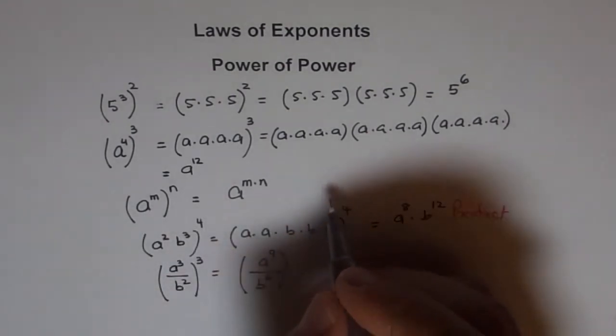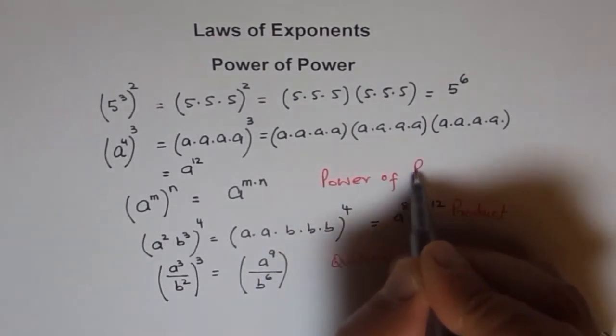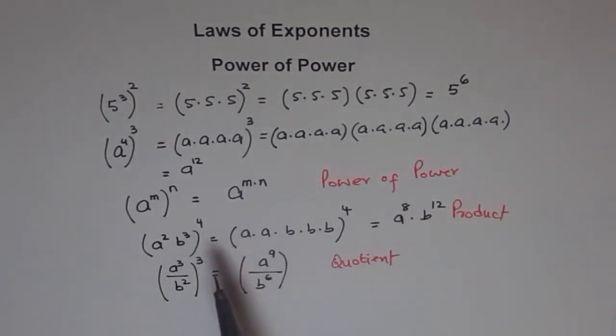And this is a simple power to power property, power of power, okay? But basically it's the same thing. We are multiplying the exponents. You remember when we were multiplying two exponents earlier? In that case, we added the exponents.